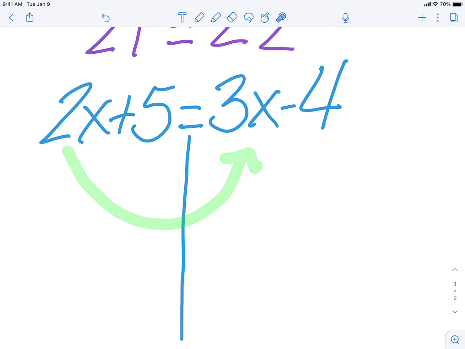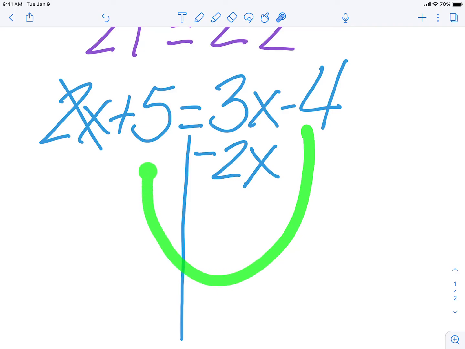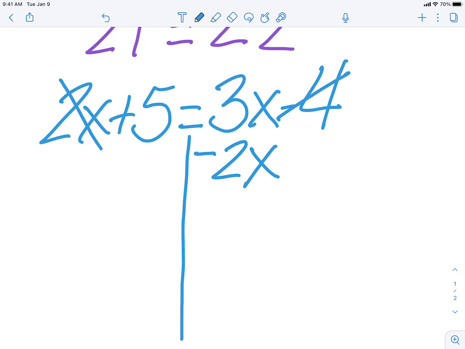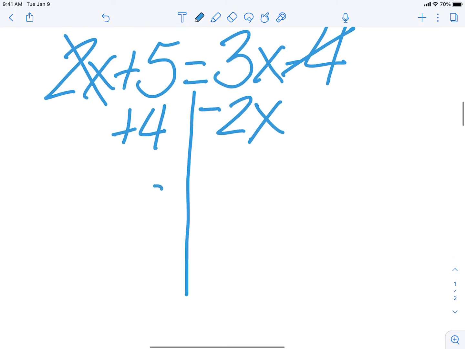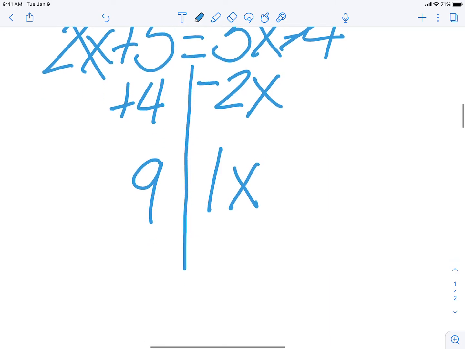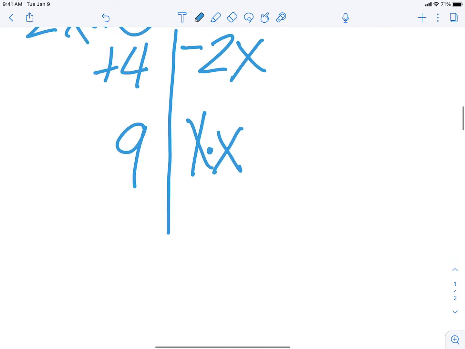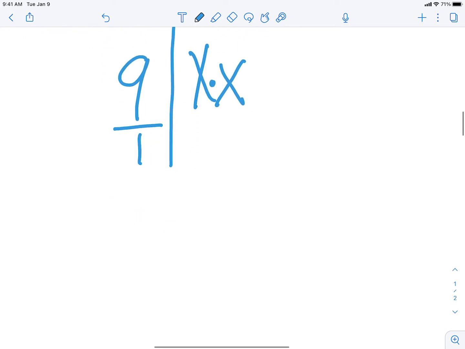When it comes over, it subtracts. So minus 2x. So that means I'm going to bring this minus 4 over this way, and it's going to become a plus 4. So plus 4 here. So 5 plus 4 is 9. 3x minus 2x is 1x. The opposite of multiplying by 1 is dividing by 1. So I get 9 is equal to x.